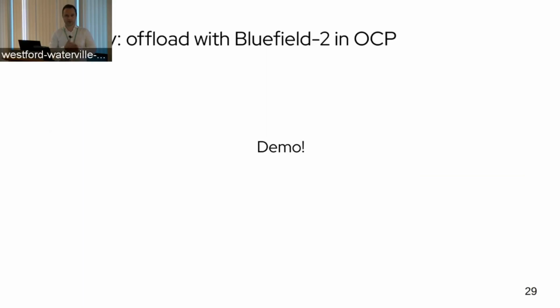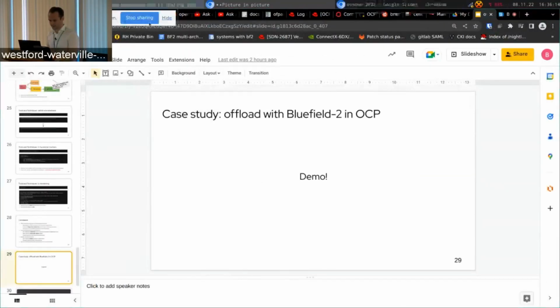What we'll try to do is go into an OCP cluster that runs with the BlueField, where offload is not working, and I can try to show you that. So let's go there.